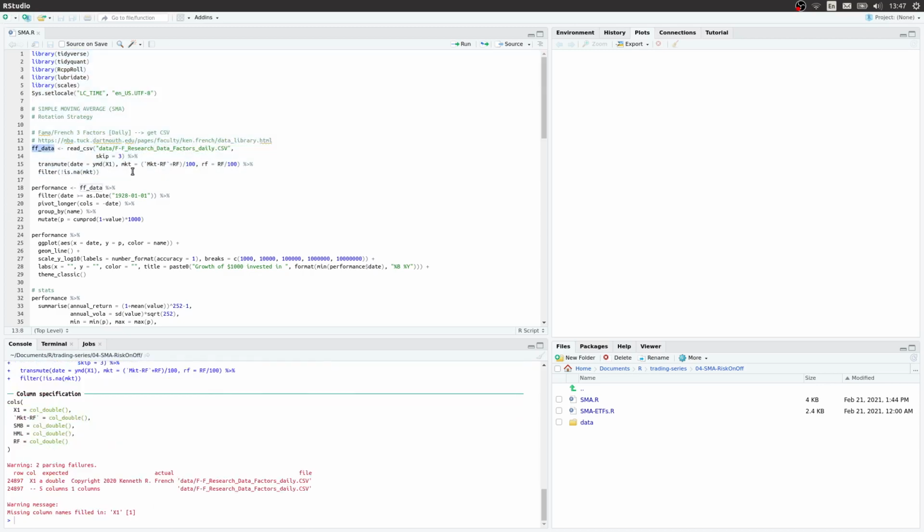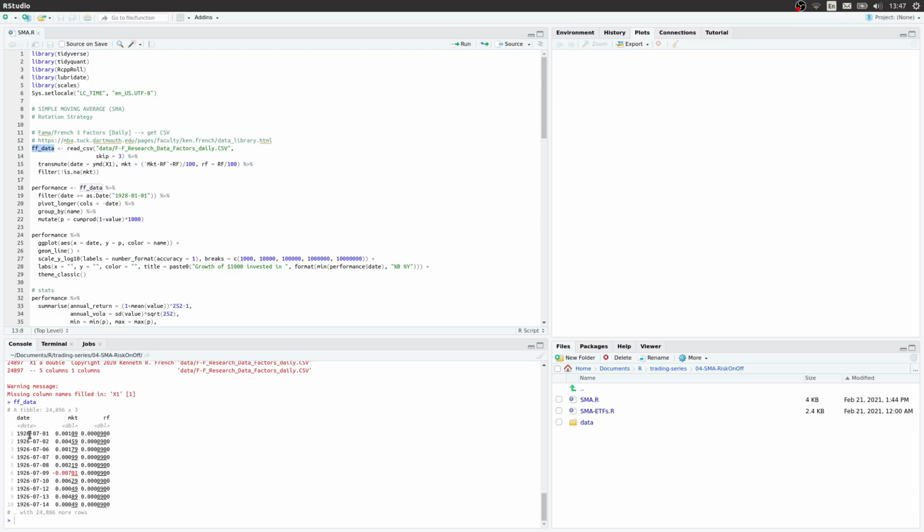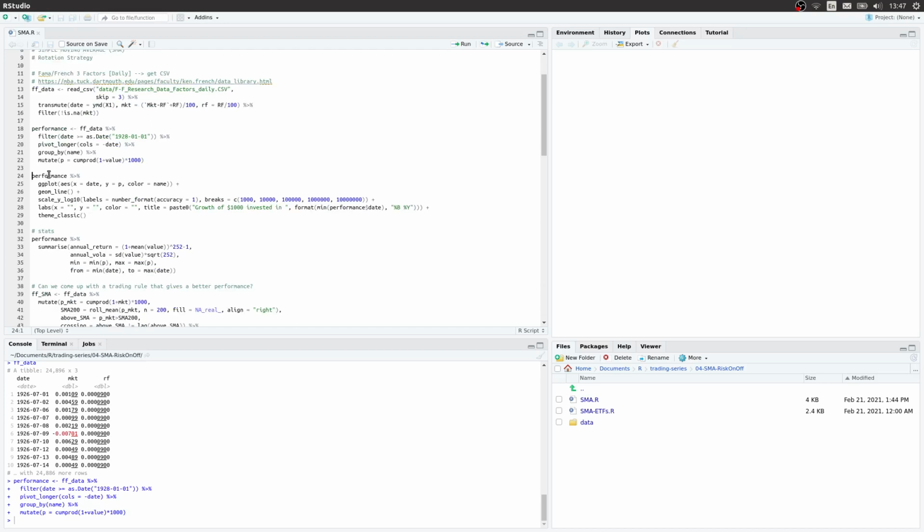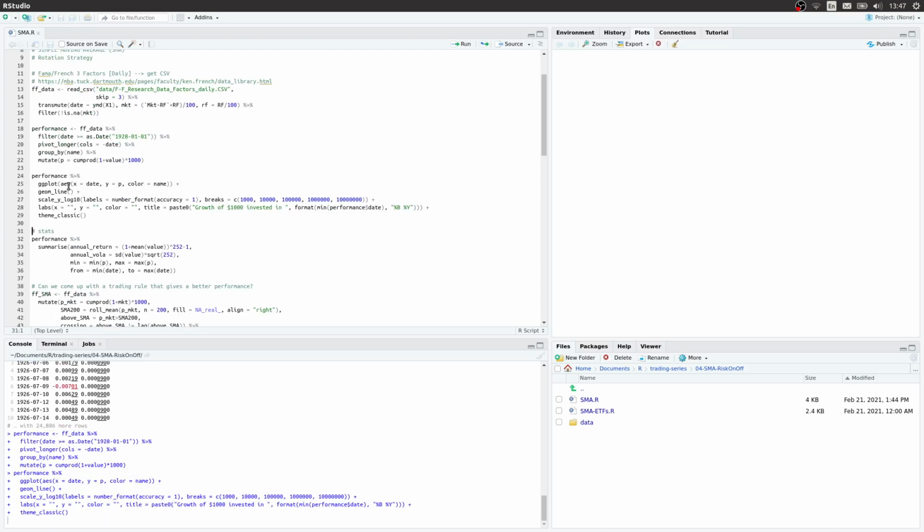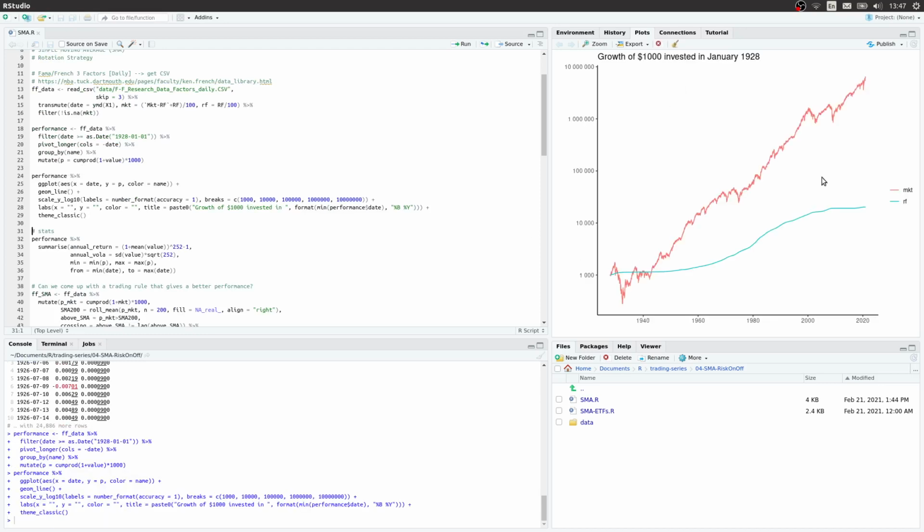And if we print this data, indeed, it goes back to July 1926, until recently in December 2020. We're going to calculate the performance, of course, and we are plotting it just to see how the performance looks over time.